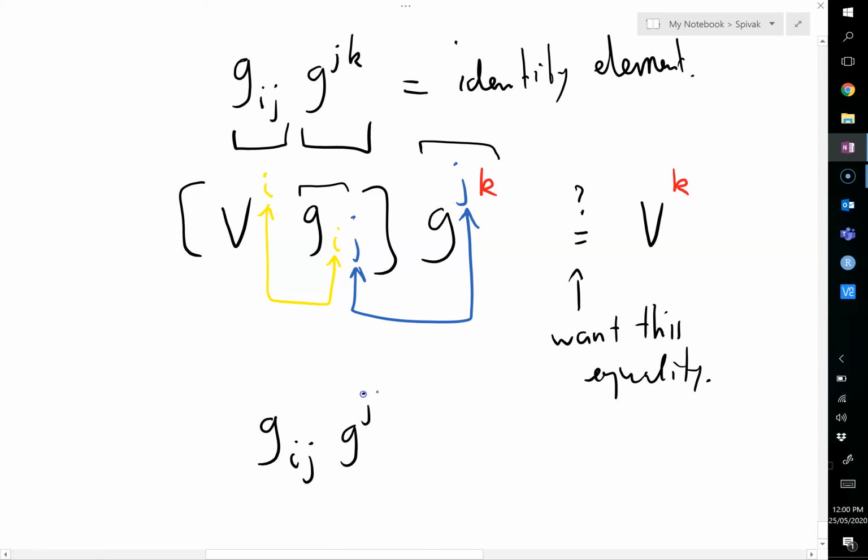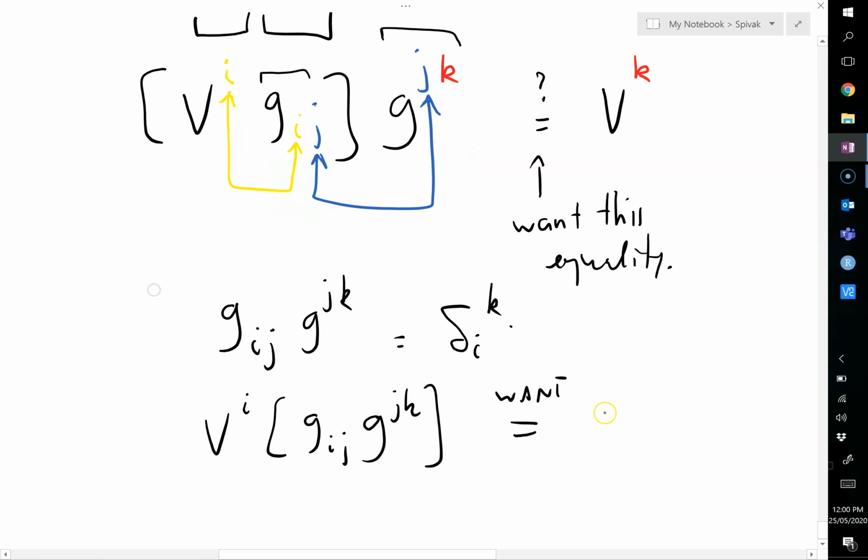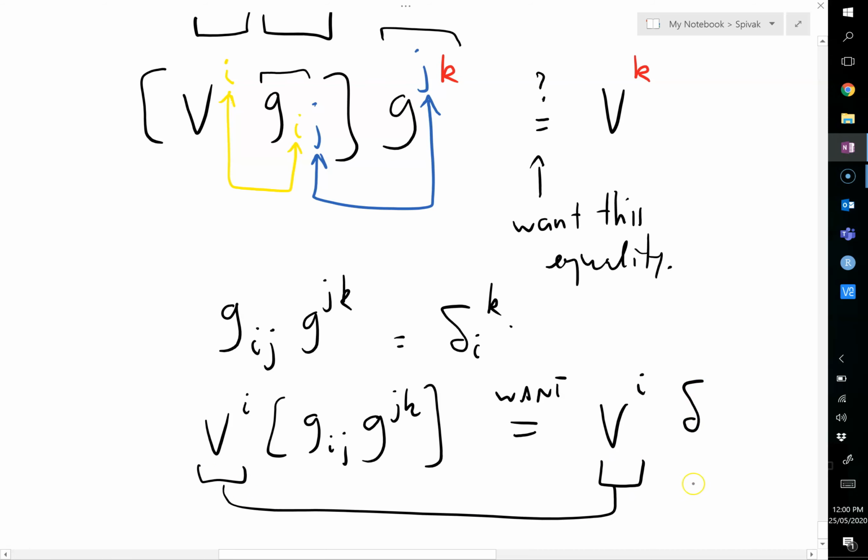Gij, G, J, K equals delta, the Kronecker delta, the J's are summed, I, K. So if I can rephrase that, if I've got an index upstairs and then I multiply it by G, I, J, G, J, K, I want that to be equal to V, I, which is what we had before, times this thing here, delta I, K.